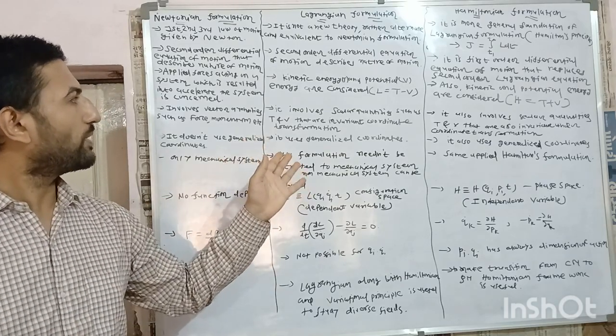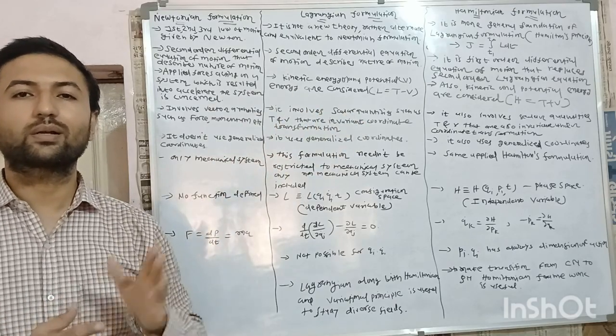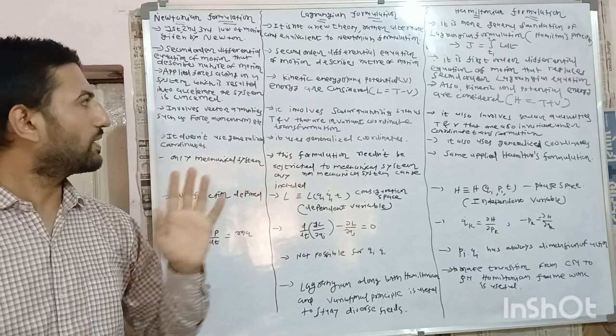Similar to Lagrangian formulation, Hamiltonian also involves scalar quantities like kinetic energy and potential energy.